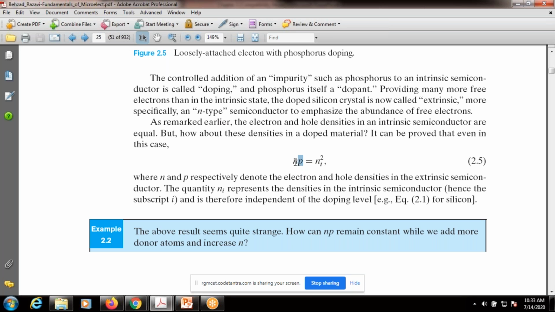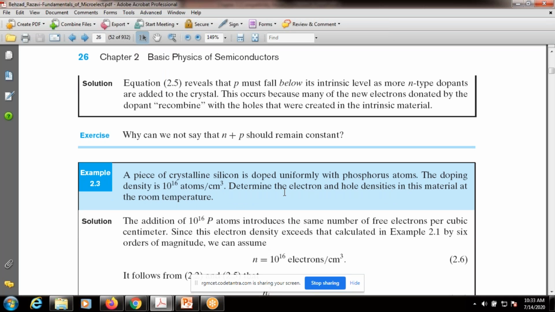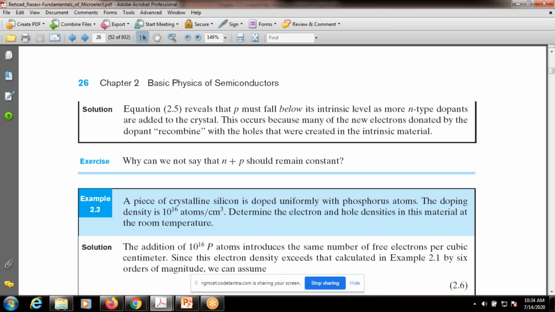Some of the free electrons recombine with available holes, so the density of holes reduces below the intrinsic level. This occurs because many of the new electrons donated by the dopant recombine with the holes that were created in the intrinsic material. That is the reason.